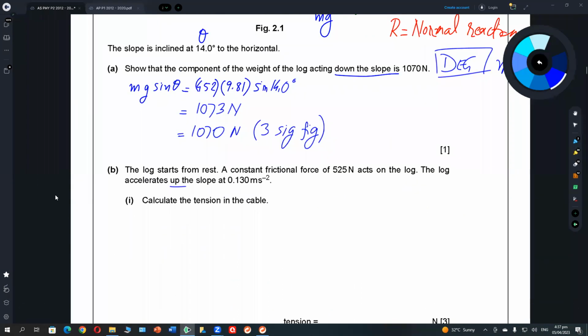Now, can you help me make the equation? Do you remember the formula which is frequently discussed? Resultant force is equal to greater force minus smaller force.